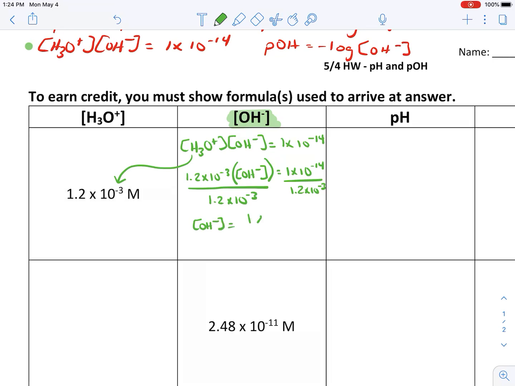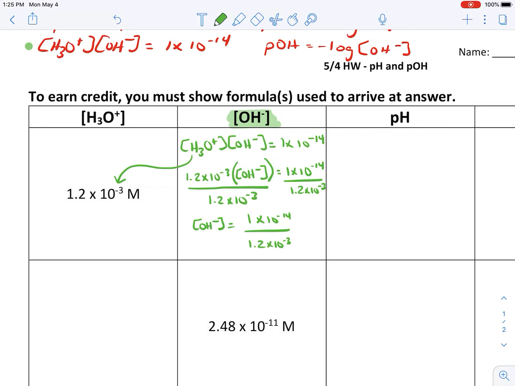In our calculator, we type 1 times 10 to the negative 14th divided by 1.2 times 10 to the negative 3rd. Remember, when typing it into the calculator, we use the E button to get there. We have negative 3.